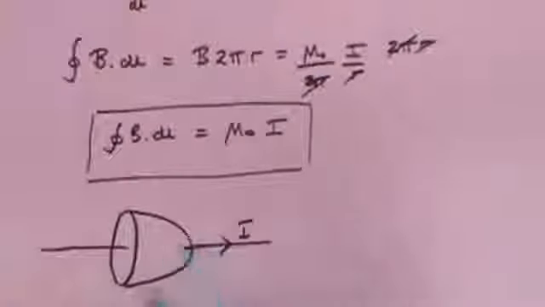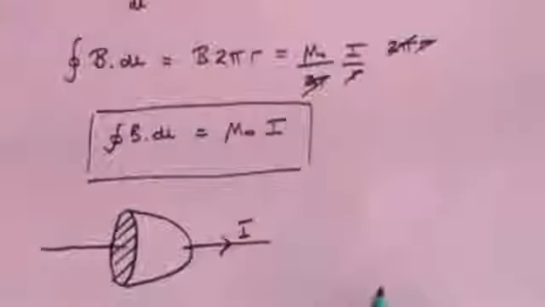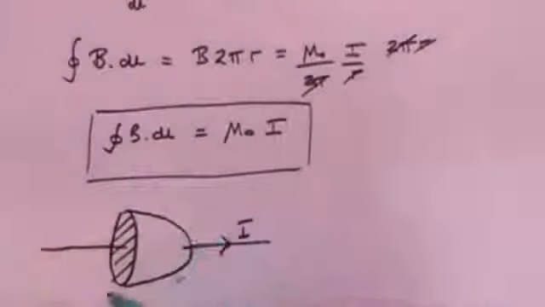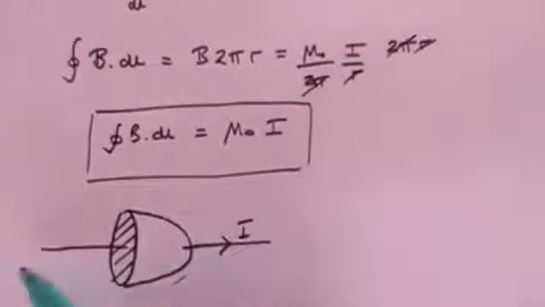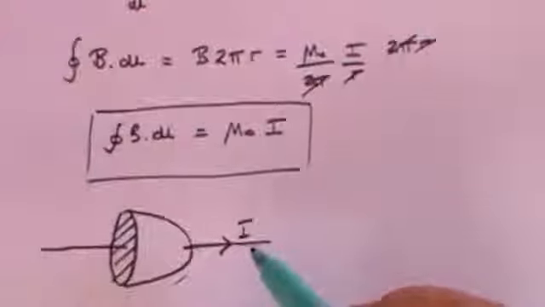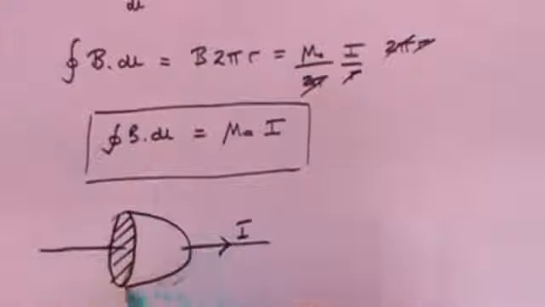So the surface doesn't have to be a flat surface, it can be a bag, as long as the wire carrying the current penetrates the surface. Then this is the closed loop and this is the open surface.